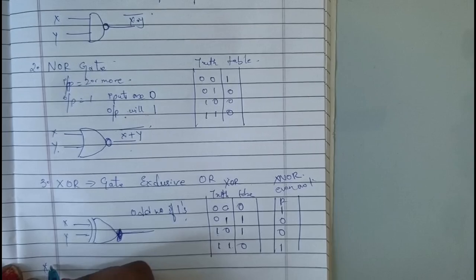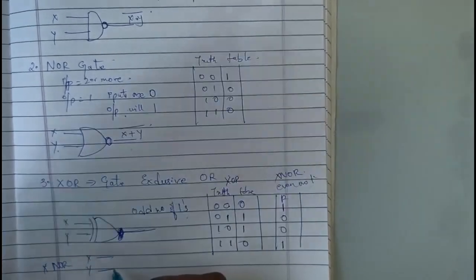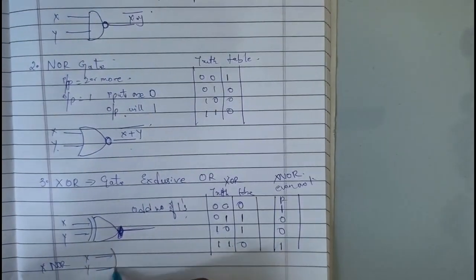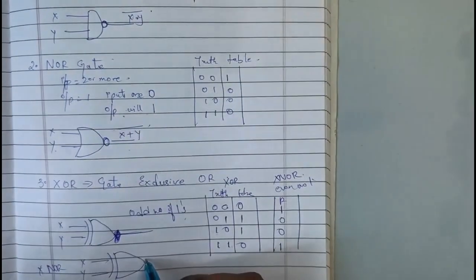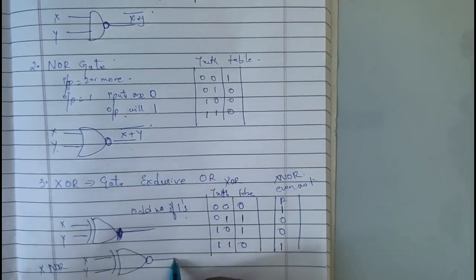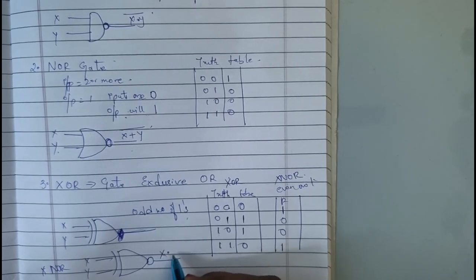The symbol for XNOR, for X and Y, is what we saw earlier, with a NOT here. This becomes our XNOR.